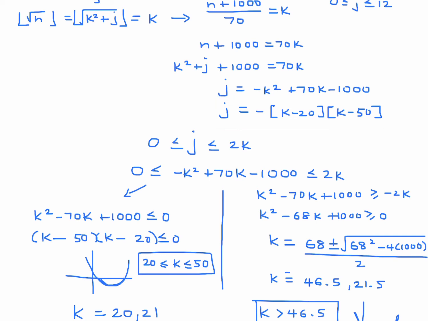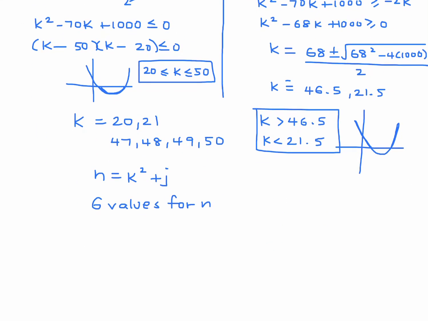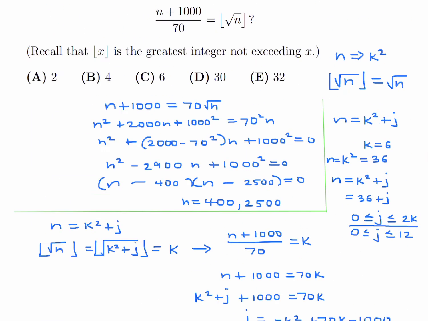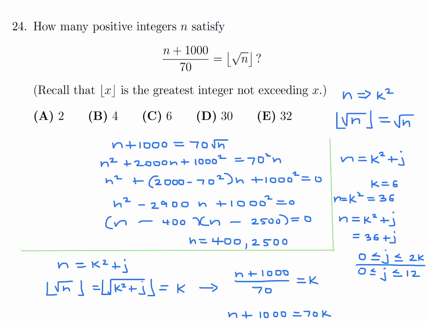Just plug in values of k into there to get j, and then you'll be able to get your values of n. Not that you need to, but if you really want to during your practice, then the values of n would be 400, 470, 22, 90, 23, 60, 24, 30, and 2500. And at the very beginning, I had gotten those two. So 6 values, and therefore, number 24, the answer is C.